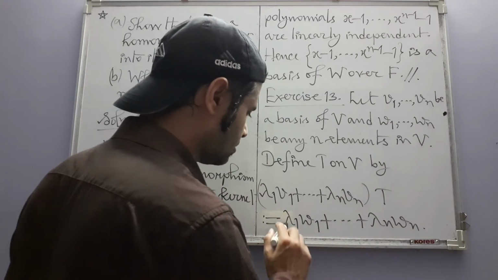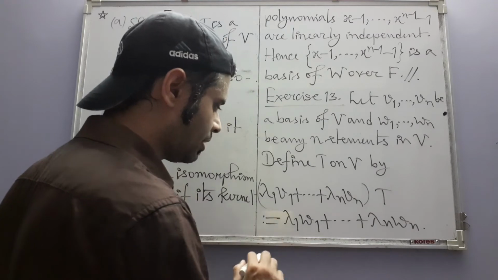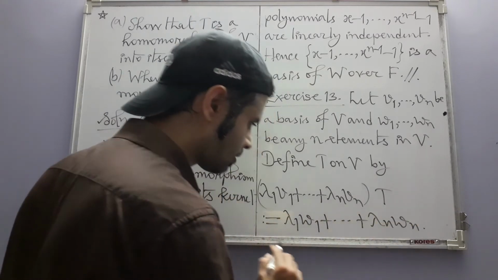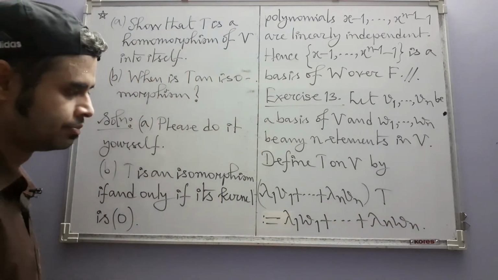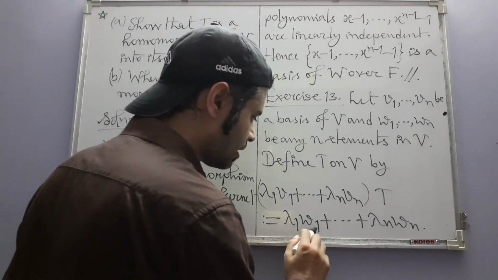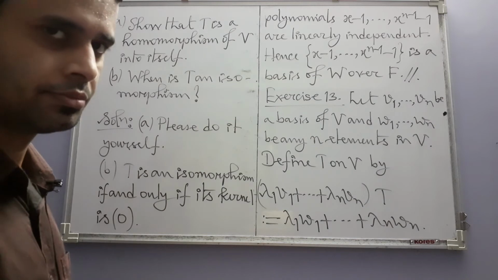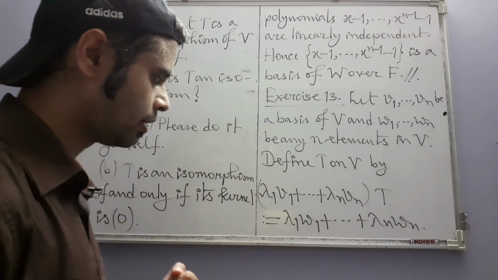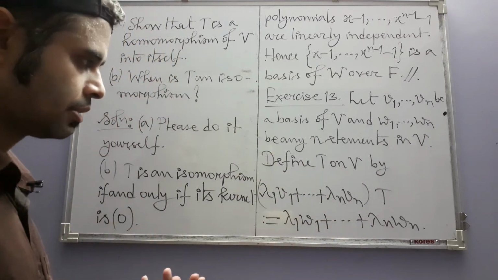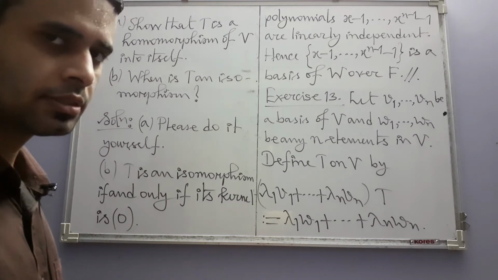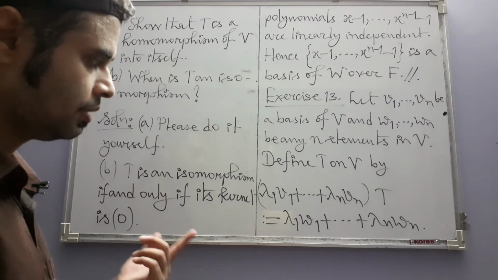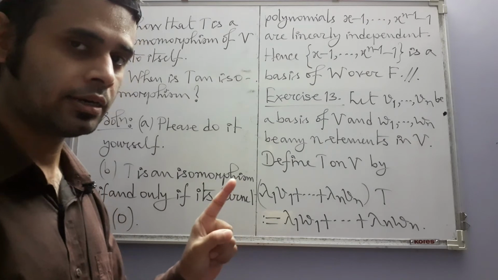So the entire thing now boils down to this linear combination becoming 0. So a linear combination of the wi's is 0 for some particular scalars. Now that can happen, of course, in several ways if the wi's are linearly dependent.